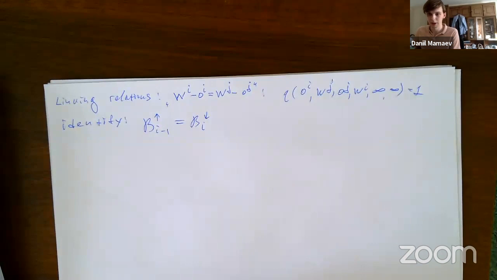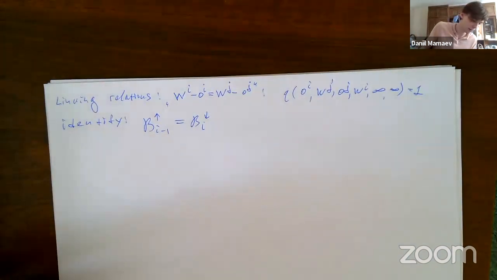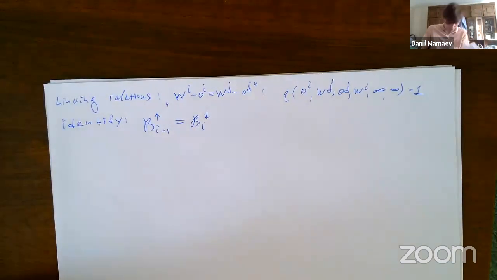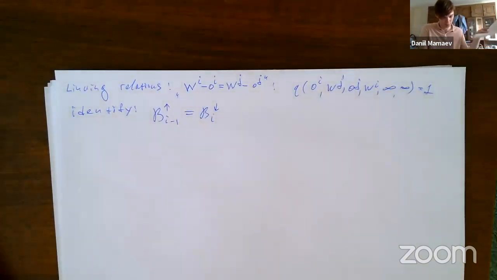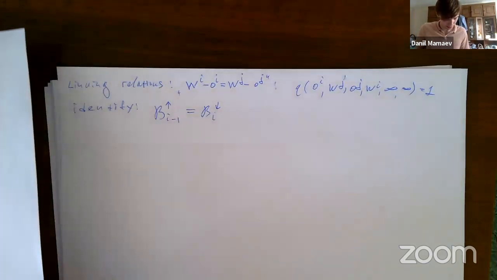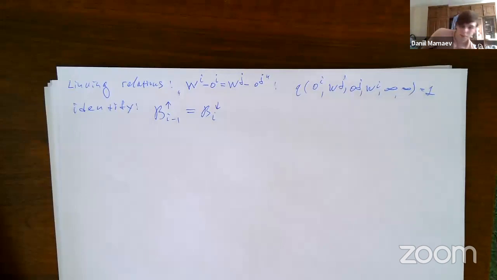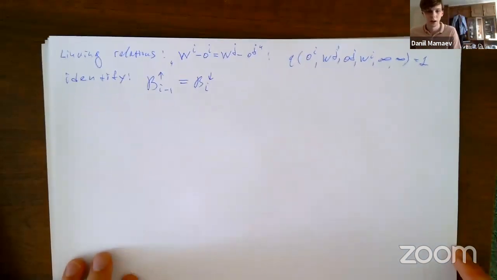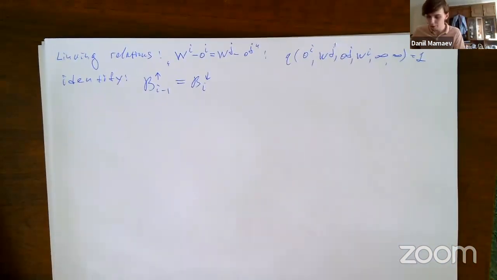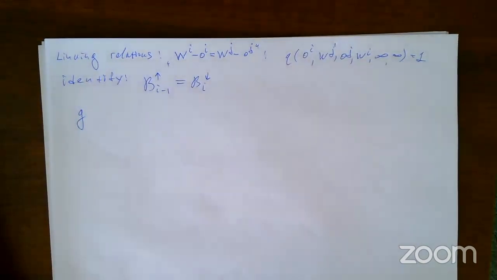Okay, let me draw an example. Some people might be lost, so I will draw an example, and I think it will make things clearer. Suppose we have a polynomial. Sorry, Daniel, what do you mean by identifying them?